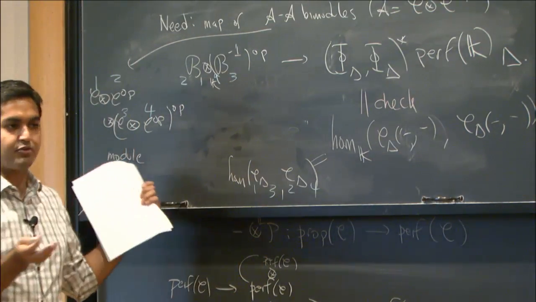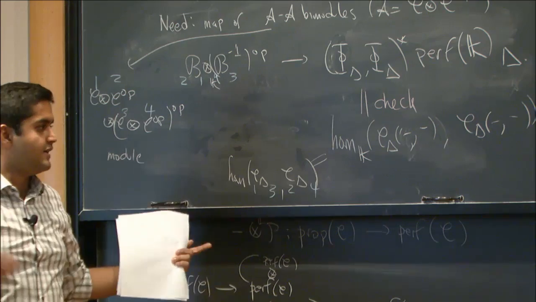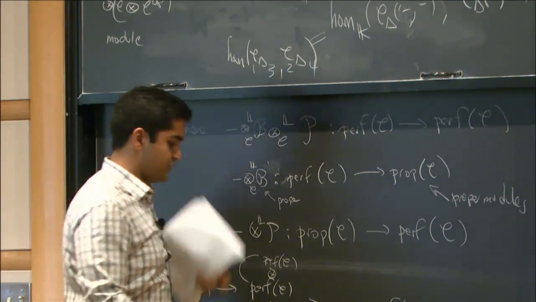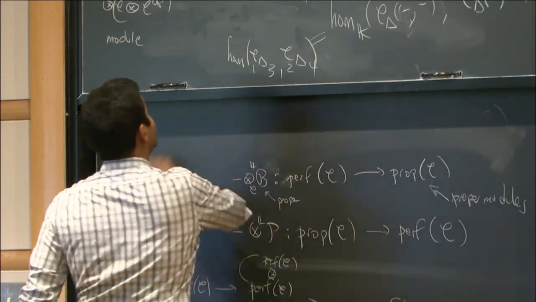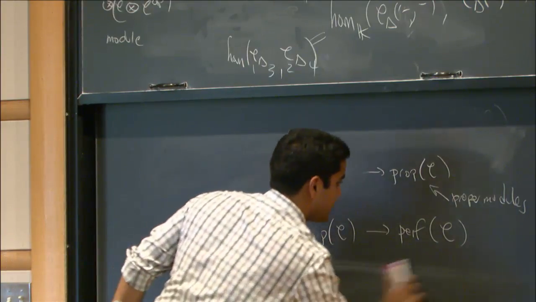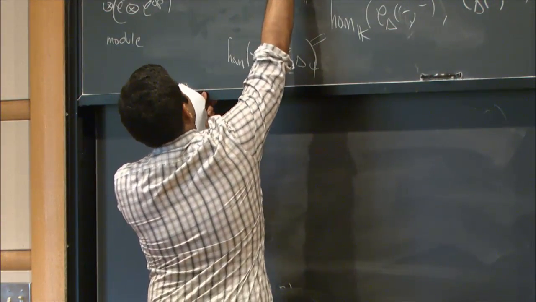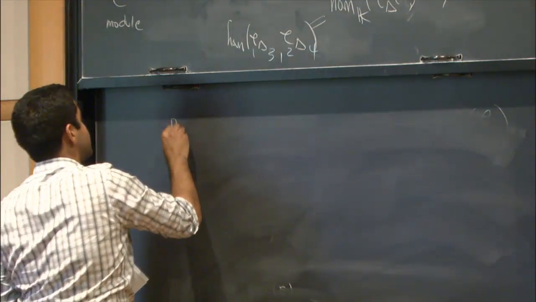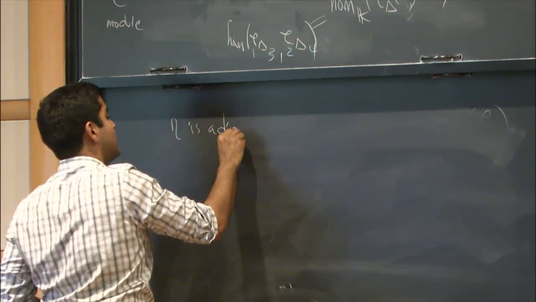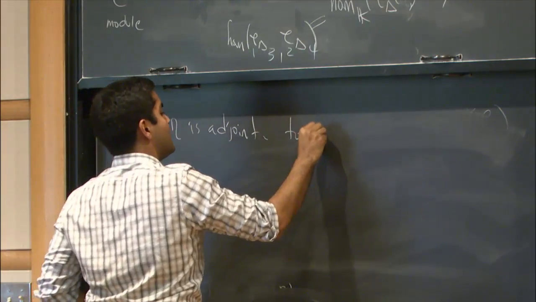So this is just some explicit piece of data you need to produce. And it's very easy to produce because this map that we want, eta, exercise, eta is adjoint to a map.